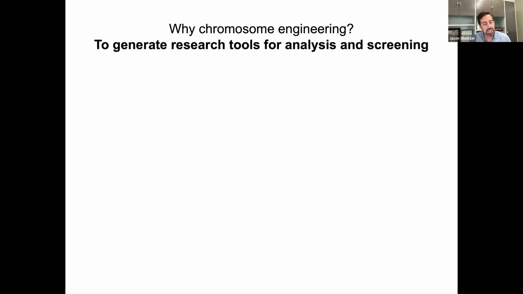And initially, when I first connected with Project 8P a few years ago, one of the first things that we set out to do was to try to develop a new system in which we could use chromosome engineering to study the consequences of rearrangements affecting the P arm of chromosome 8, of rearrangements that cause 8P syndrome.